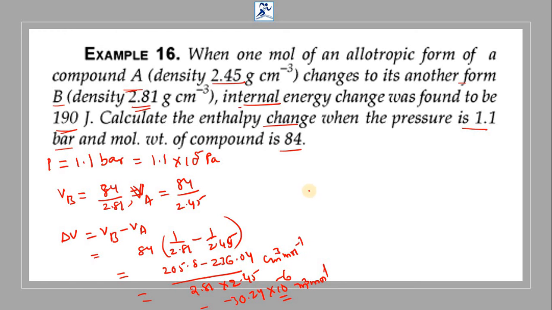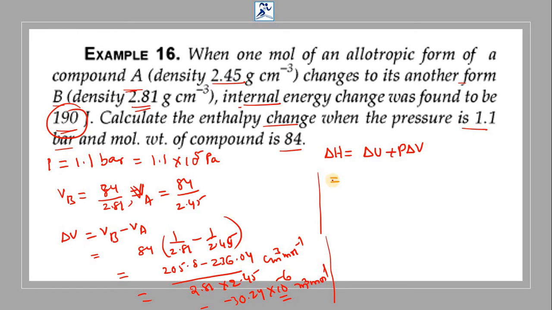Okay. Now coming to the point, here we have discussed what is delta U. Still we have to find what is the enthalpy change. So the internal energy change given in the problem, already delta U value is 190 joules. So using that we can find delta H. Delta H formula: delta H is equal to delta U plus P delta V. So what is delta U?